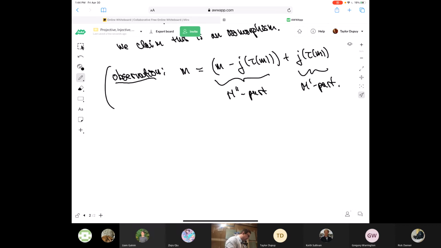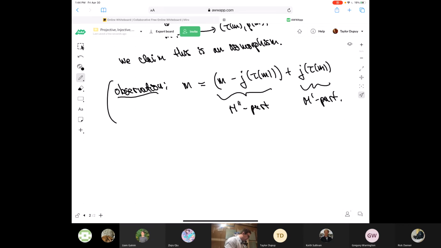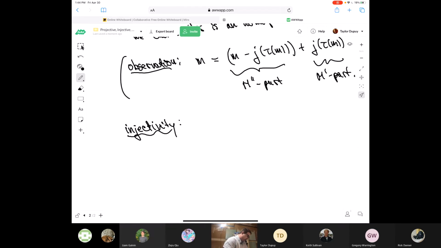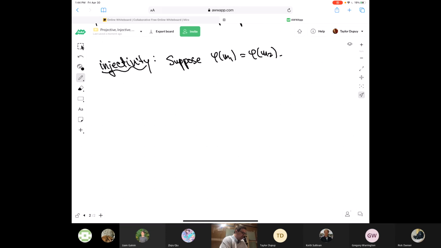Let's show injectivity of this map phi. We need to show that it's injective and that it's surjective. So suppose that phi of M1 is equal to phi of M2. To show that it's injective, we need to show that M1 is equal to M2.